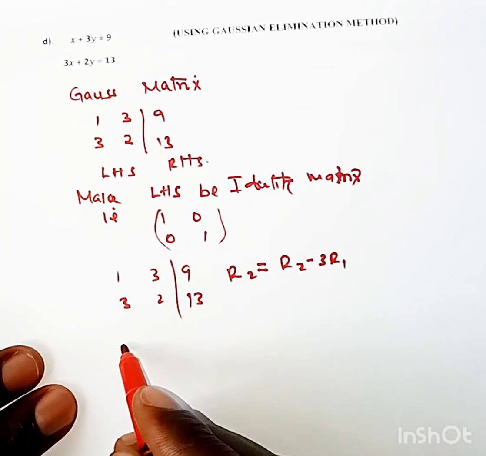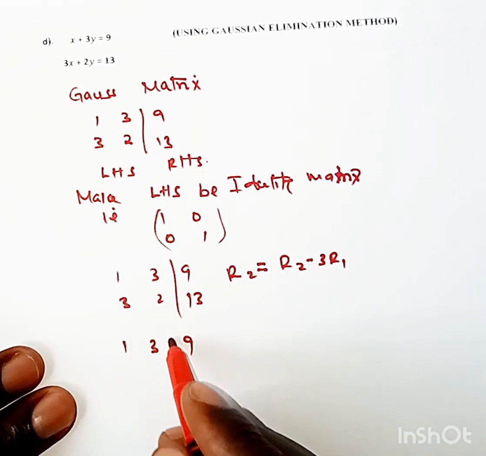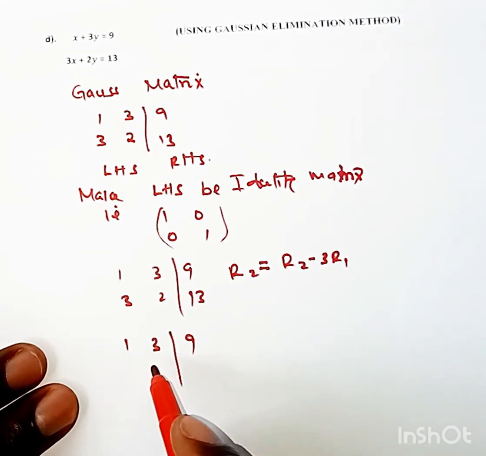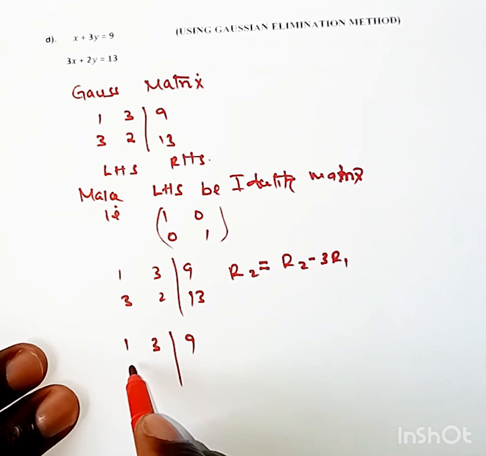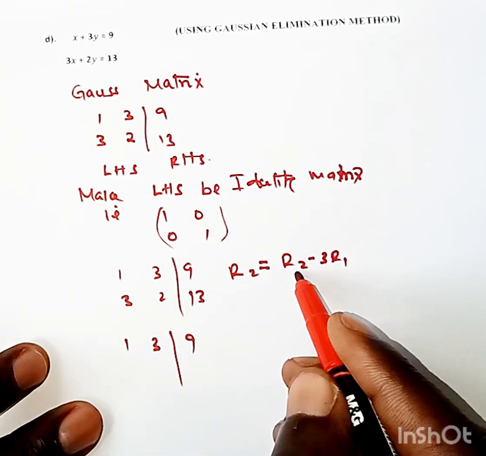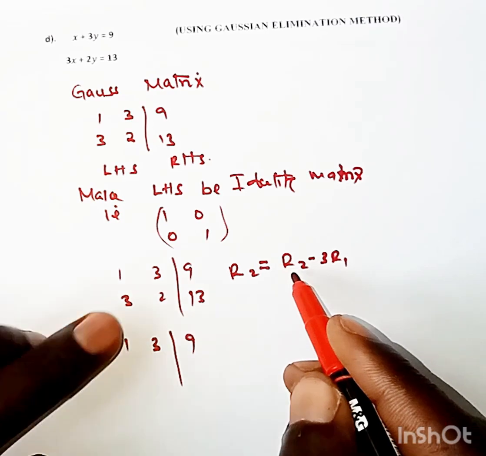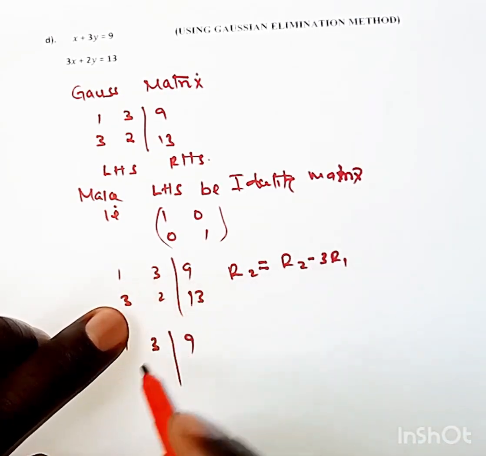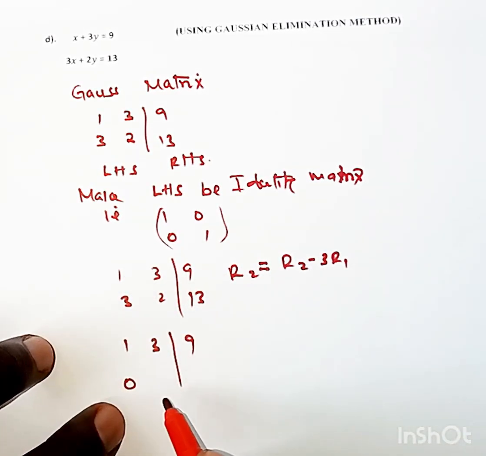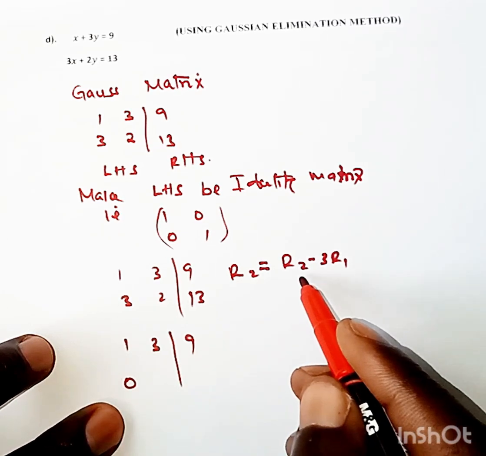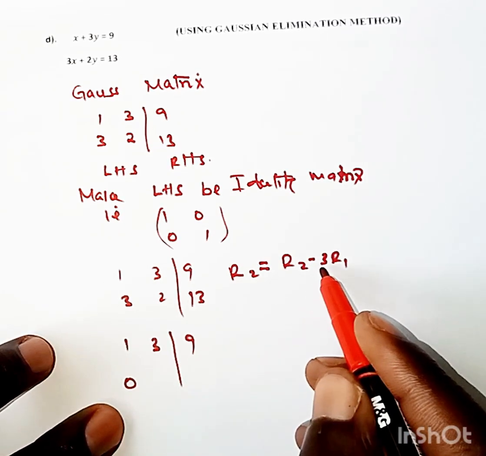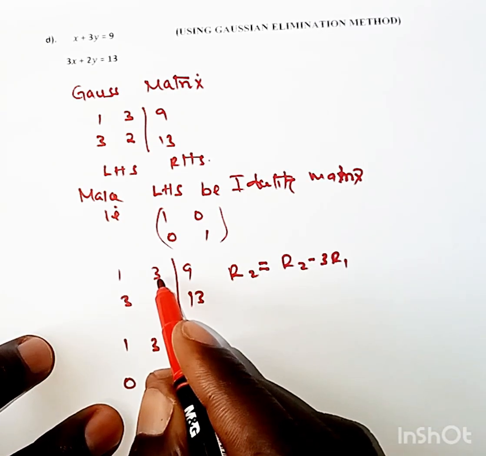So this results to 1 3 9 for row 1, but for row 2 we have 3 minus 3 row 1. So that is 3 minus 3 times 1, and that gives us 0. Then we have 2 minus 3 times 3.